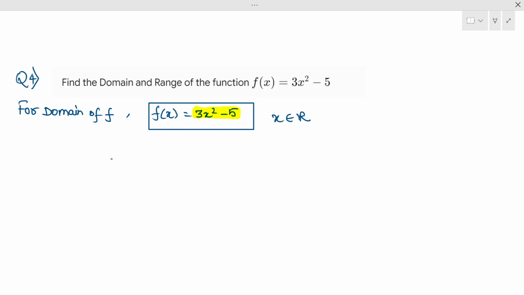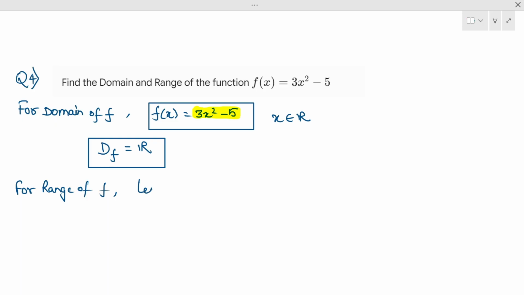So what will be the domain? The domain of f, we denote it like D of f, that will be the real numbers. Now we will talk about the range. Whenever we are finding the range, always keep in mind, you let y equal f(x). Now f(x) is 3x square minus 5.